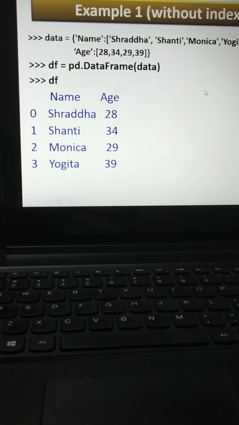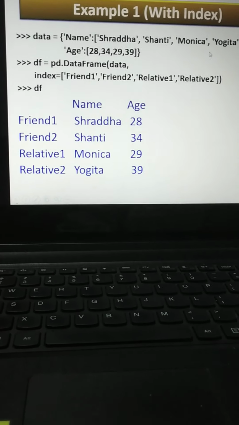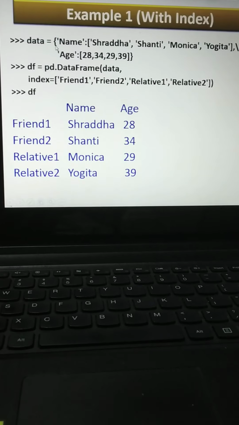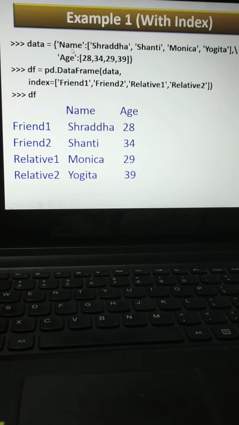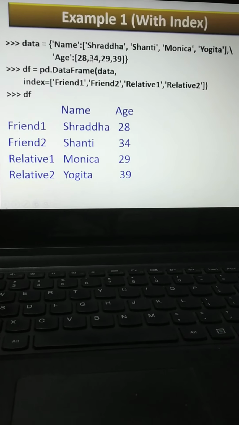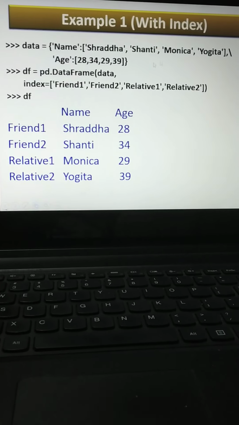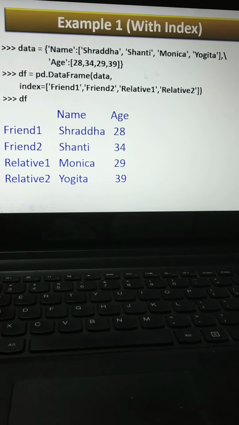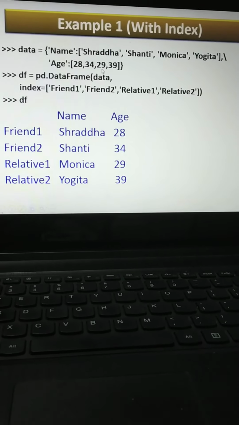Now we will see how we can give the index. See, example 1, with index. Data. We have taken a dictionary. The first is the key, this and this are the keys, and these are the values. For the values we have passed a list, Shraddha, Shanti, Monica, Yogita, and age is 28, 34, 29, 36.